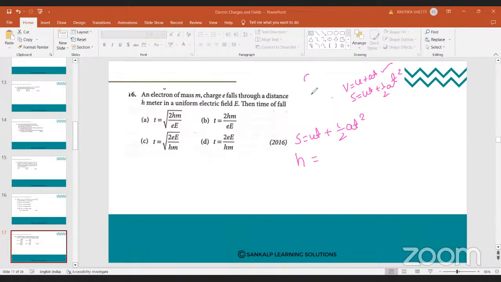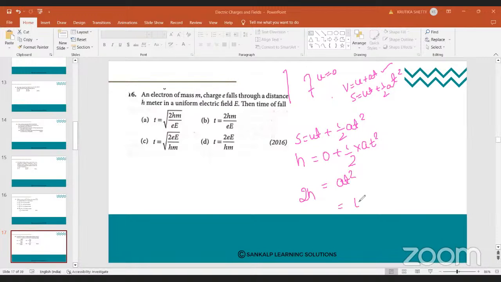When the object is falling from the height, the initial velocity will be 0. So s is equal to 0 plus 1 divided by 2 into acceleration into t square. I require t square here, I need t. So the 2 will be transferred, 2h will be equal to a t square.